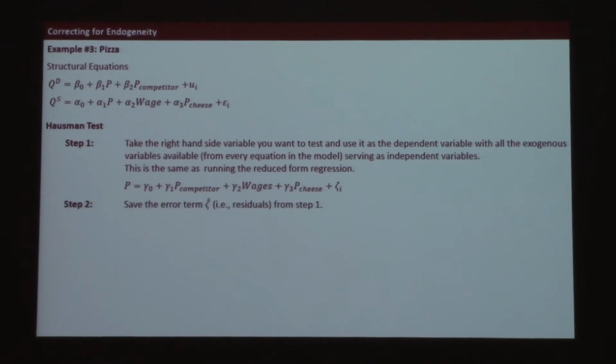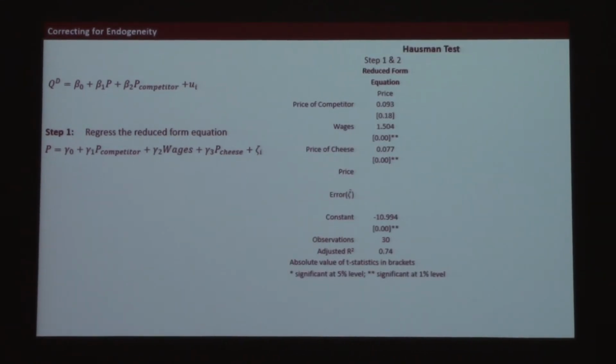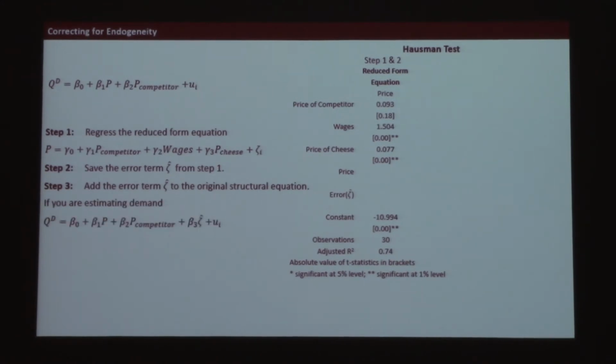So this is what we did. We got 34. We did a test for endogeneity. Did the Hausman test. So there's our Hausman test, step 1 and 2.